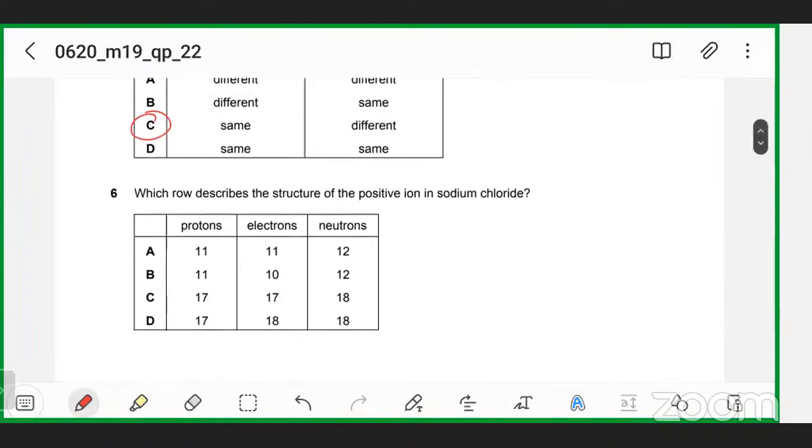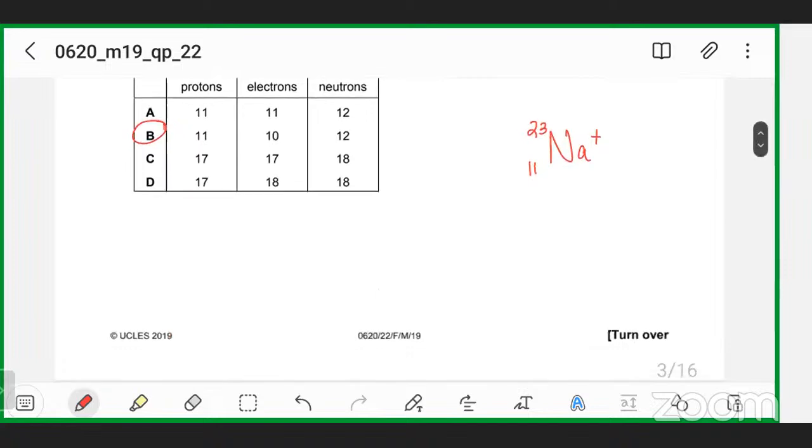Which one describes the structure of the positive ion in sodium chloride? The sodium ion, that's the positive ion. It's 23 and 11. And sodium is group 1, so it's +1. So what is the structure? B. B. ठीक है, one less electron.